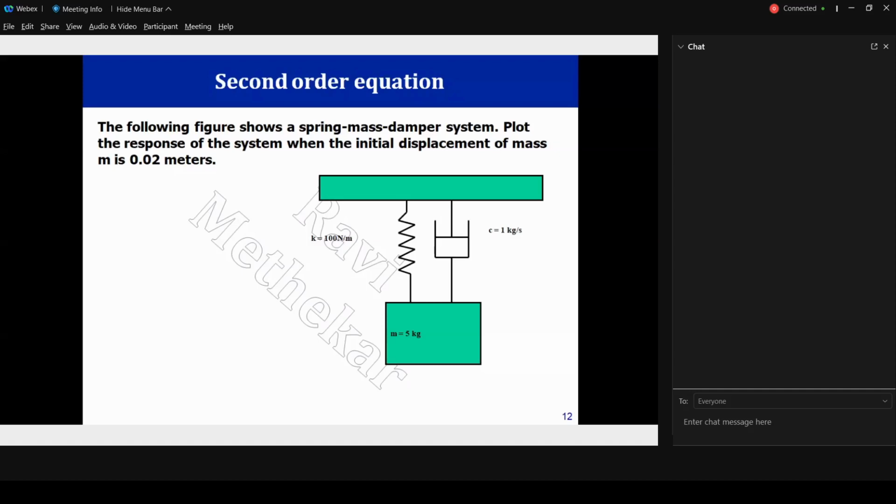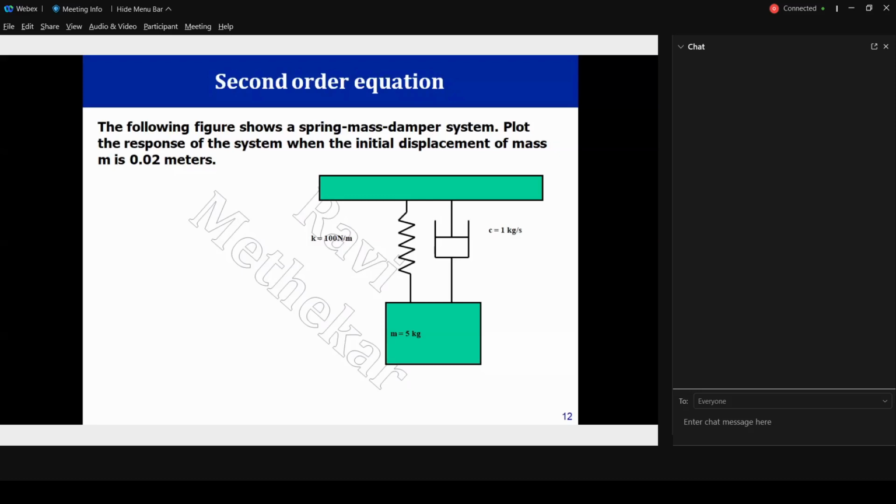Now there is another challenge that comes when we model certain systems: instead of n first-order ordinary differential equations, we can get second or third order ordinary differential equations, and this particularly comes from mechanical engineering.